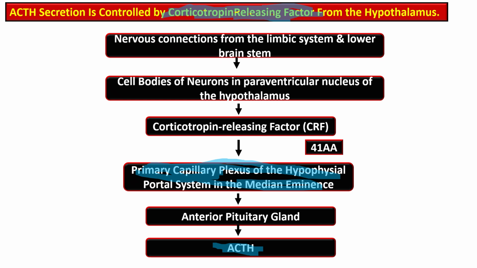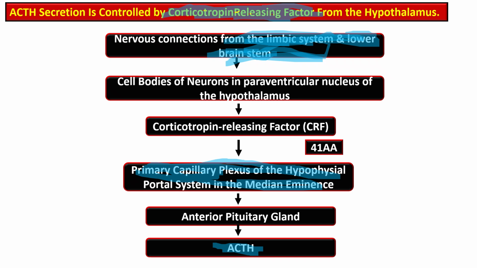So there is neural control of the secretion of CRF. The paraventricular nucleus receives input from the limbic system and lower brain stem. This allows stress, emotion and other neural signals to influence the secretion of ACTH.